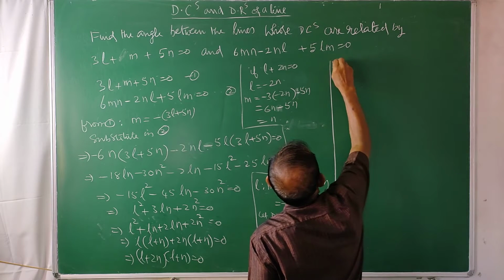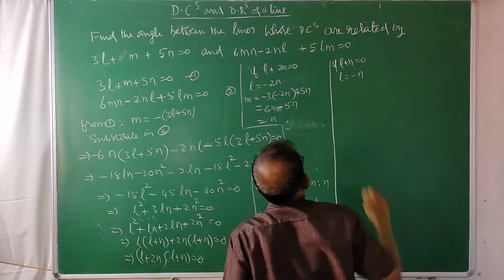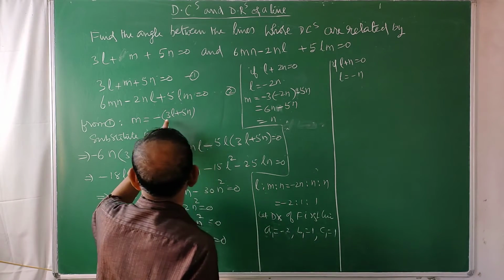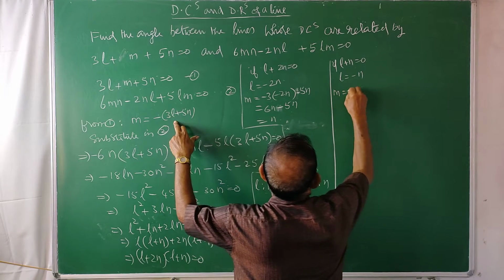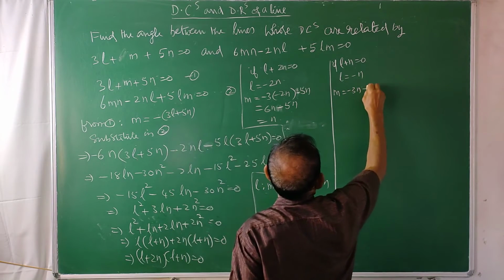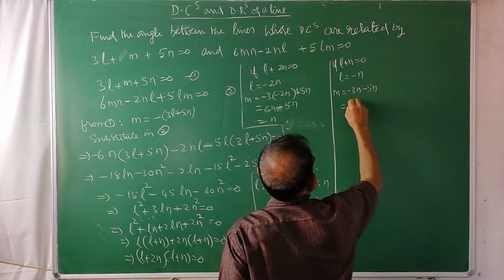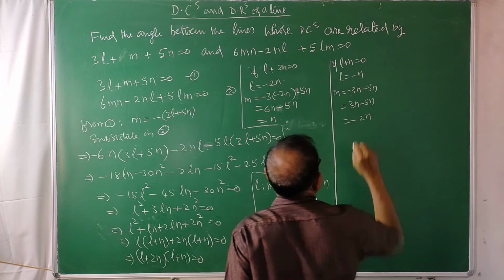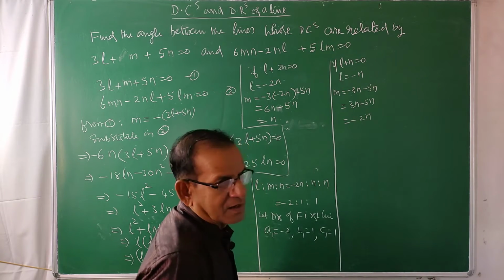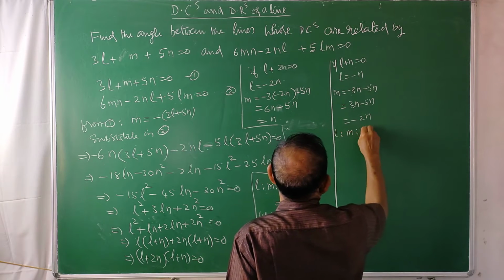If L plus N is equal to 0, L is equal to minus N, then we have to find out M. M is equal to minus 3N minus 5N. But L is minus N, so minus 3 into minus N plus 3N minus 5N, that is minus 2N.